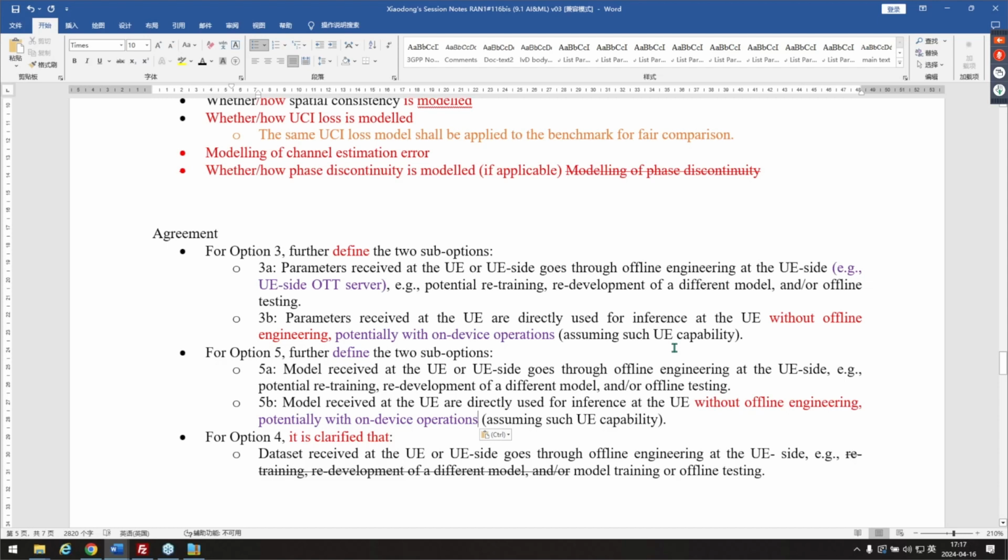So maybe we can move the whole thing, assuming such UE capability, right after inference at the UE side. Move to which part? Where to move? Yeah, so I think maybe we can just remove it because we are just defining.